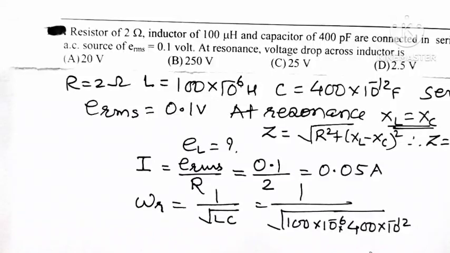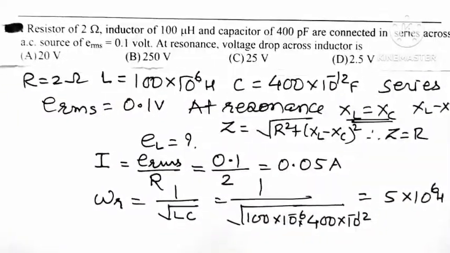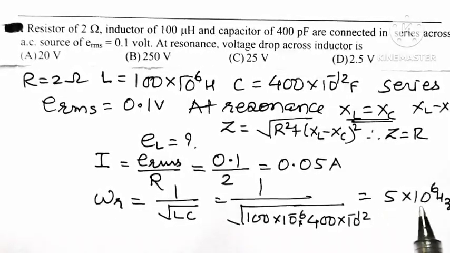This is equal to 5 into 10 to the power 6 hertz. So the angular frequency omega R is equal to 5 into 10 to the power 6.